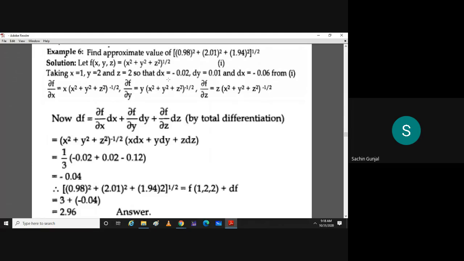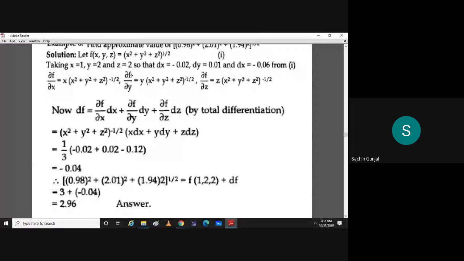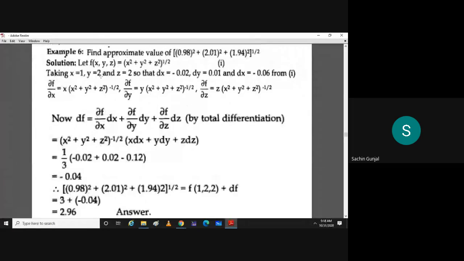Now x is 1, y is 2, z is 2. So substitute these values. 1 plus 4 plus 4 is 9. So 1 upon under root 9, that is 1 by 3. Is this fine?